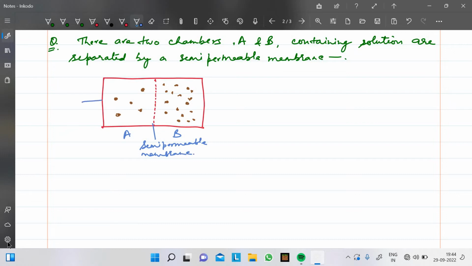This is a solute molecule, and it is filled with water.